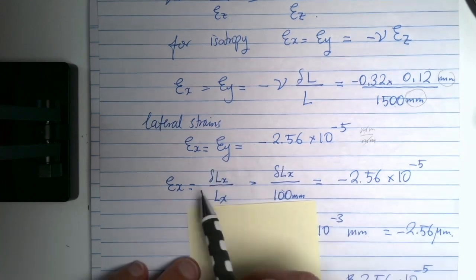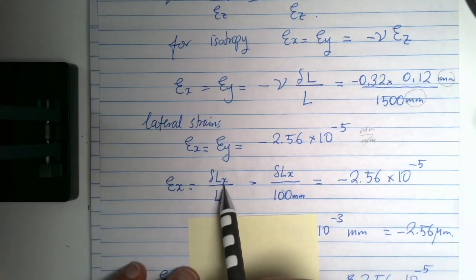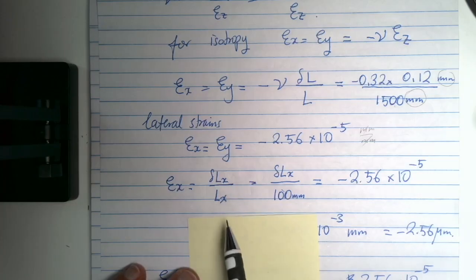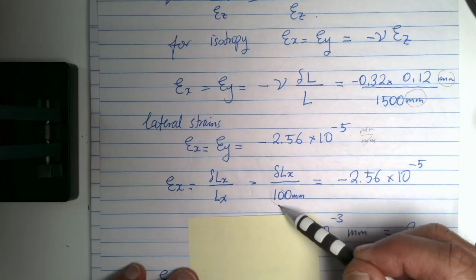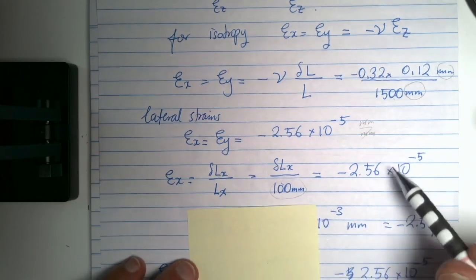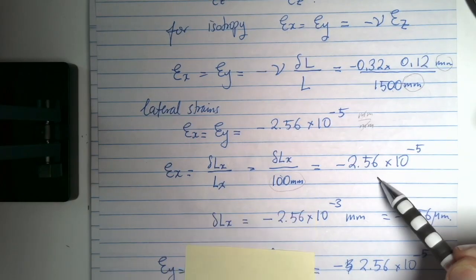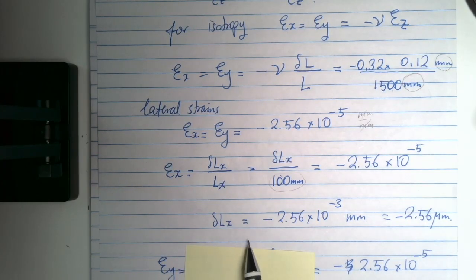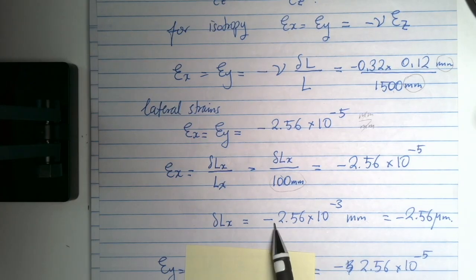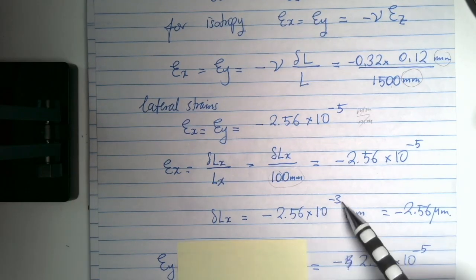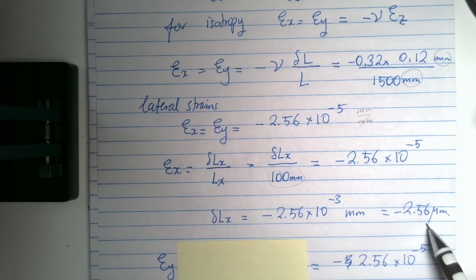Epsilon x is equal to change in the length in x direction divided by original length. Original length is 100 millimeter, and strain we calculated. So from here you find the change in length as negative 2.56 times 10 to the minus 3 millimeters. Negative signifies contraction. 10 to the minus 3 millimeters is a micrometer.